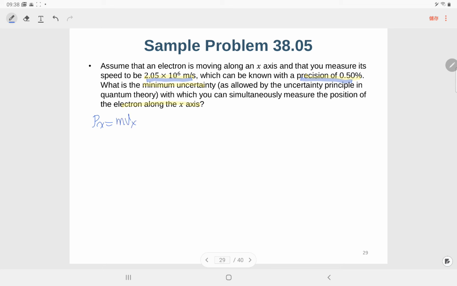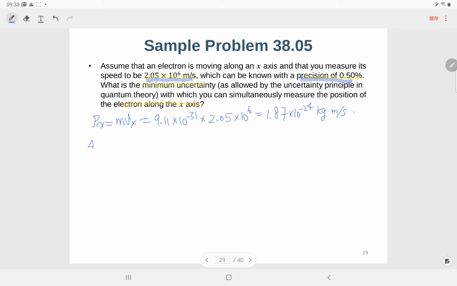So the momentum is mv, P equals mv, for an electron. So the mass is 9.11 times 10 to the minus 31, and then the speed is 2.05 times 10 to the 6th power. So this is 1.87 times 10 to the minus 24 kg meter per second.